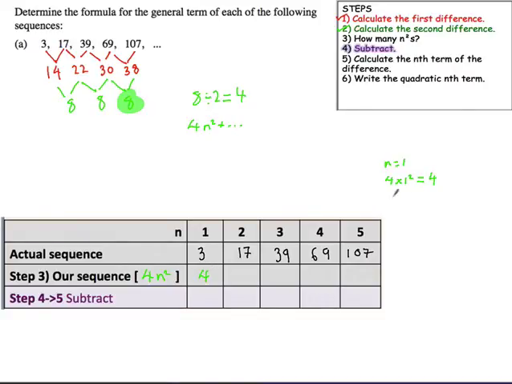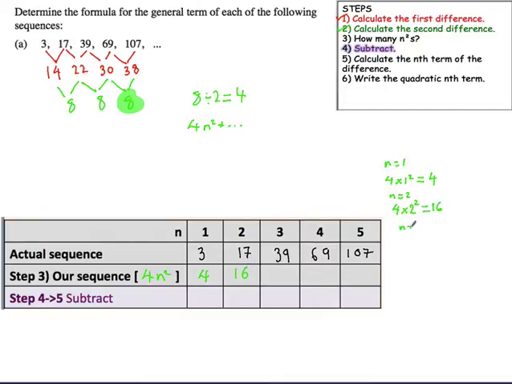The next one, when n is equal to 2, is 4 times 2 squared. 2 squared is 4, so you have 4 times 4, which equals 16. So when n equals 2, we have 16.